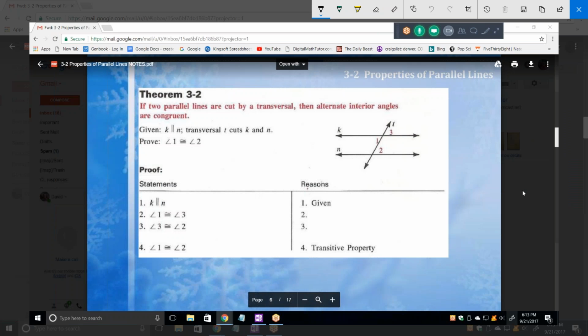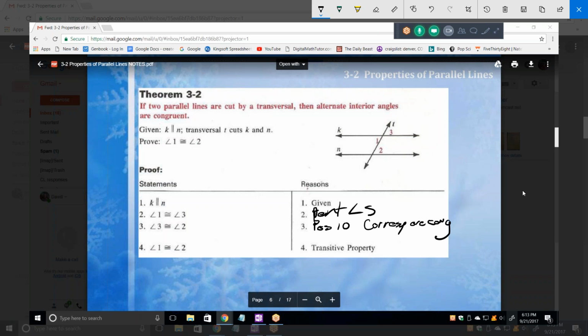I guess, postulate 10, excuse me, that was vertical angles. I don't think you have to say postulate 10, but one of the theorems of parallel lines is corresponding angles are congruent.